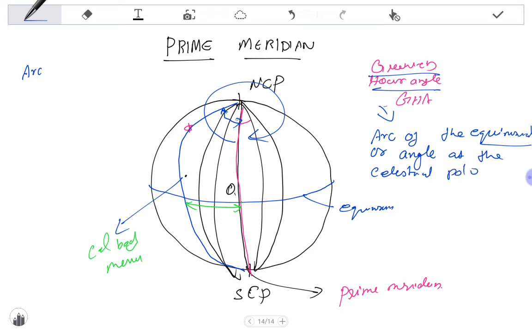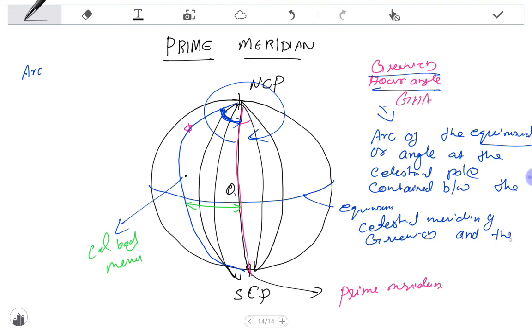This is the celestial pole. So this angle between these two meridians is contained between the celestial meridian of Greenwich and the celestial meridian of the body.